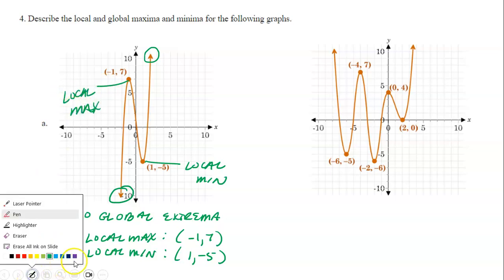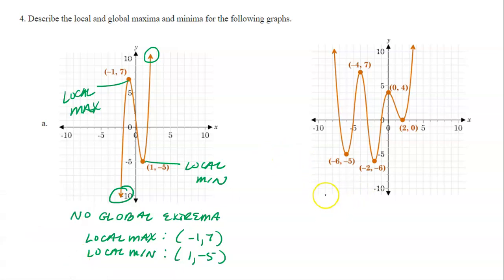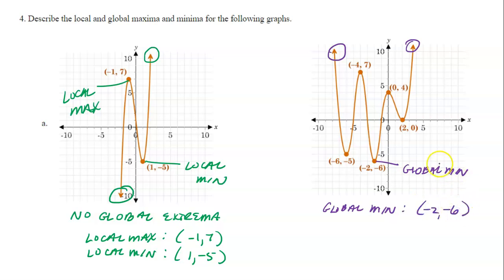Change colors. All right, over here, we are going up. So I'm pretty sure we're going to have a global minimum. I think our global minimum is this one. Global min. It will never get less than that. So global min at -2, -6.